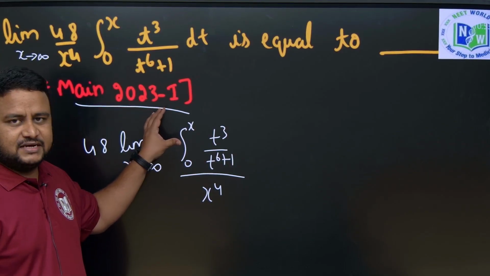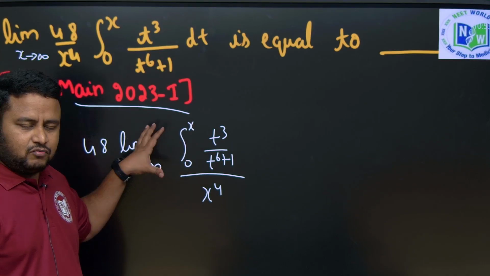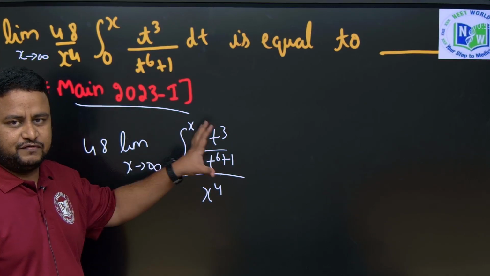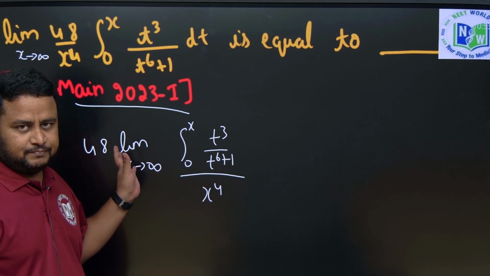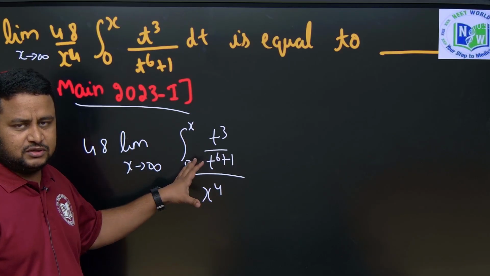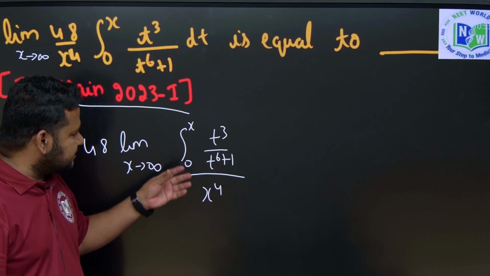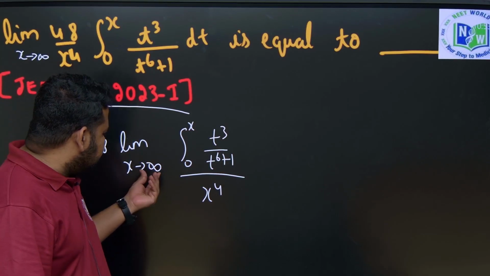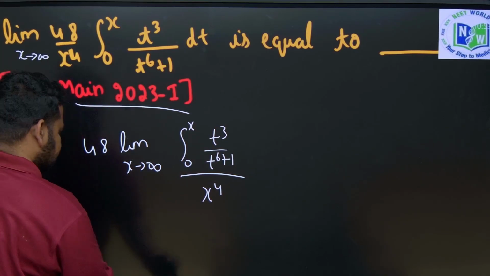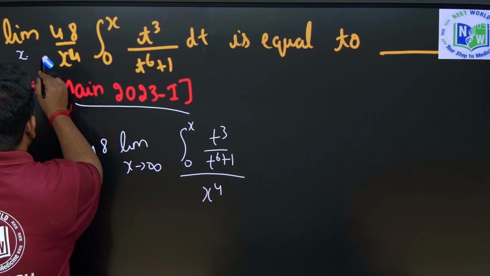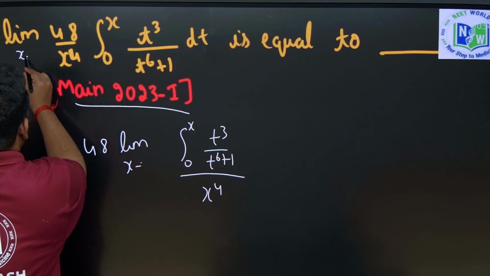Whatever the upper limit is, I have to substitute for t, then minus whatever the lower limit is, substitute for t, and along with that substitution you also have to find the derivative of that function. Now, actually it is not x tends to infinity; this should be x tends to 0. Make a correction: the question is x tends to 0.